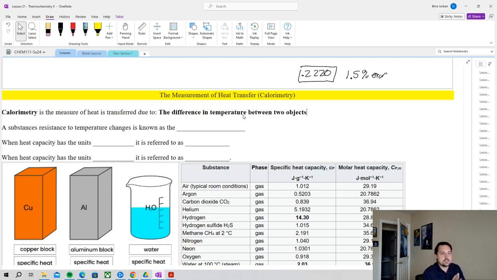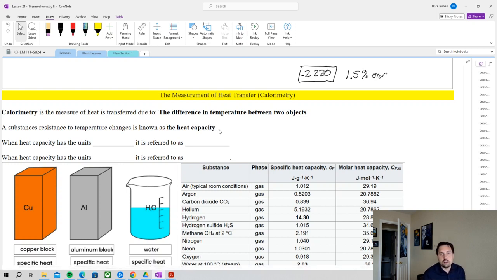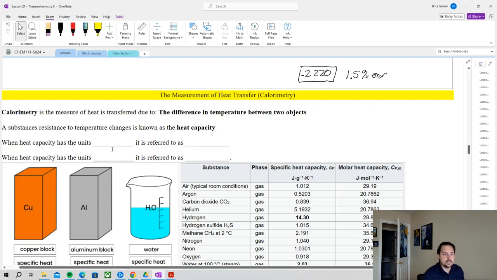And a substance's resistance to temperature changes is known as its heat capacity.